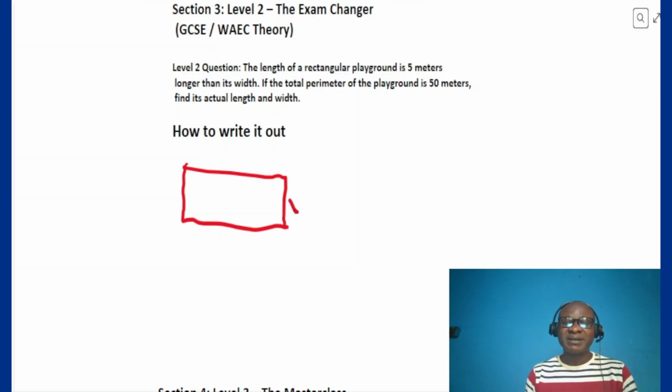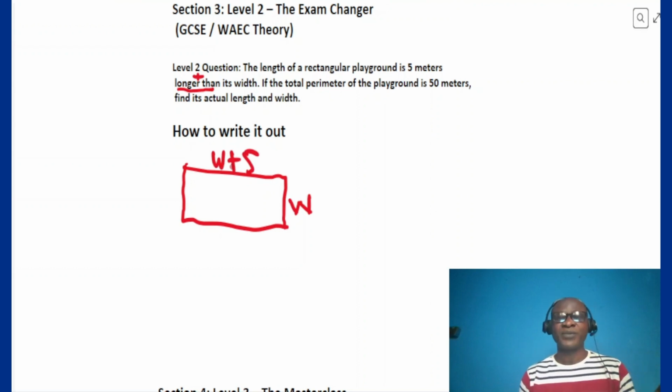Represent the width of the rectangle as letter W. Now, remember, more or longer means plus. What does it mean? Add 5 to W and it will now make up your length, meaning W plus 5.